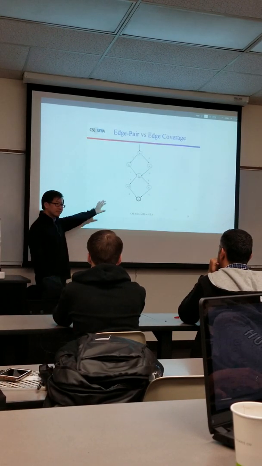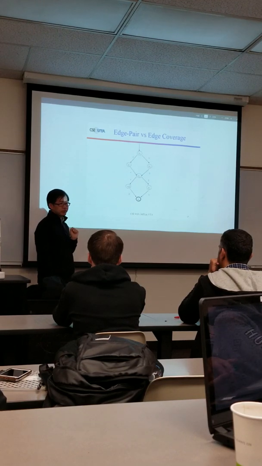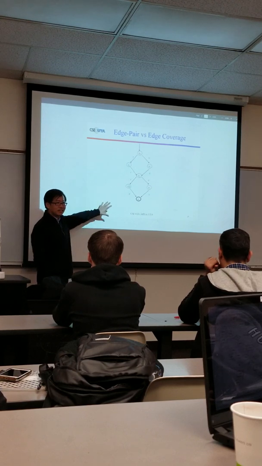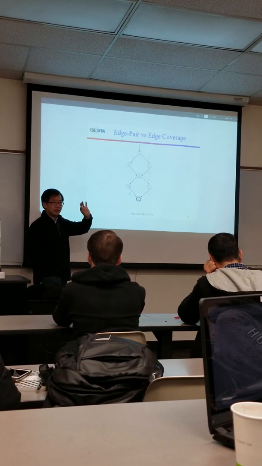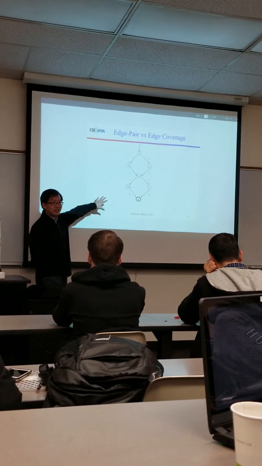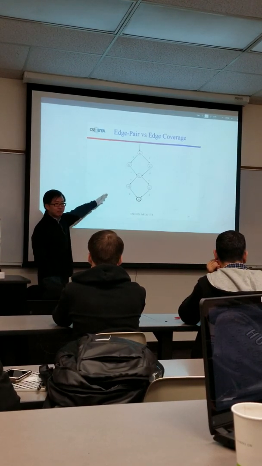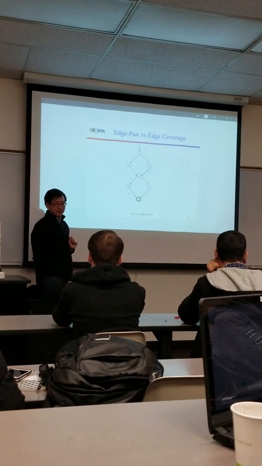So this is a very simple control flow graph. Again, in the class, we're going to use this kind of abstract representation. But in your mind, you should know that this represents a program that basically has 2 if statements, right?